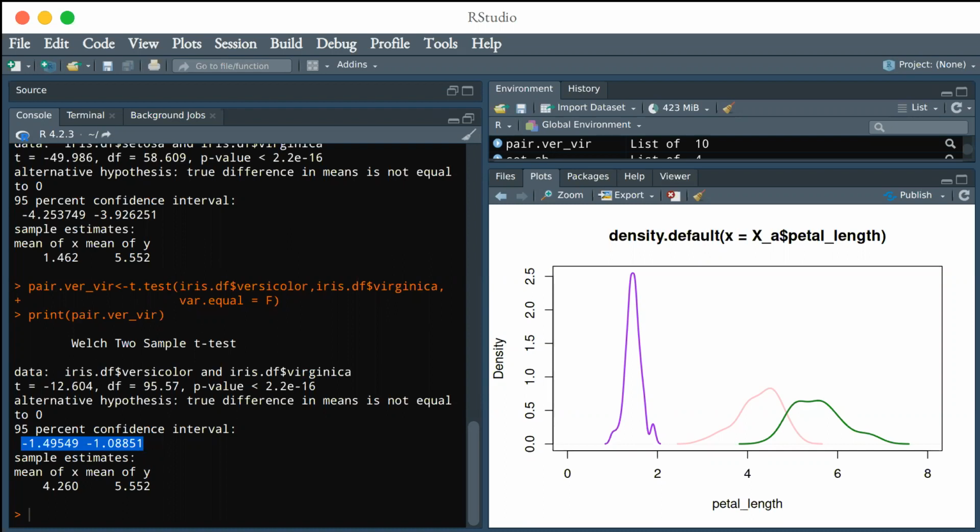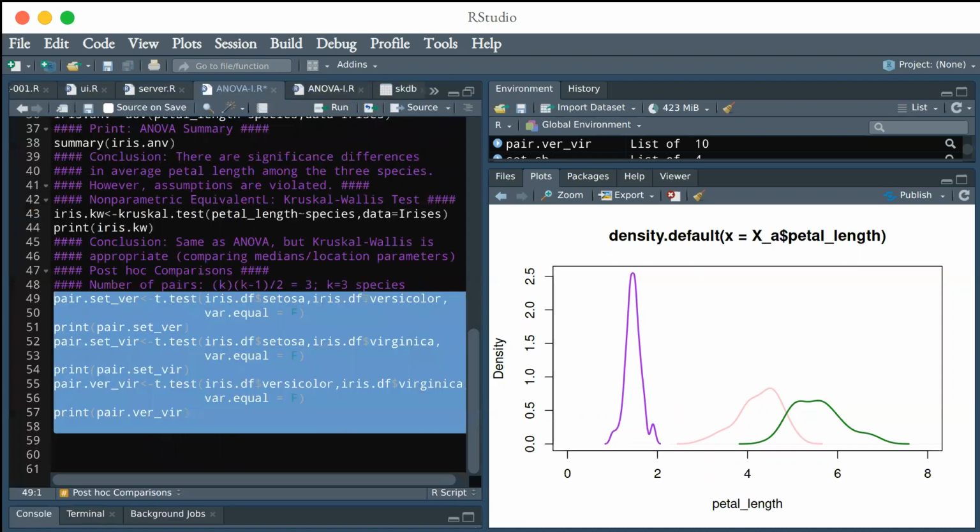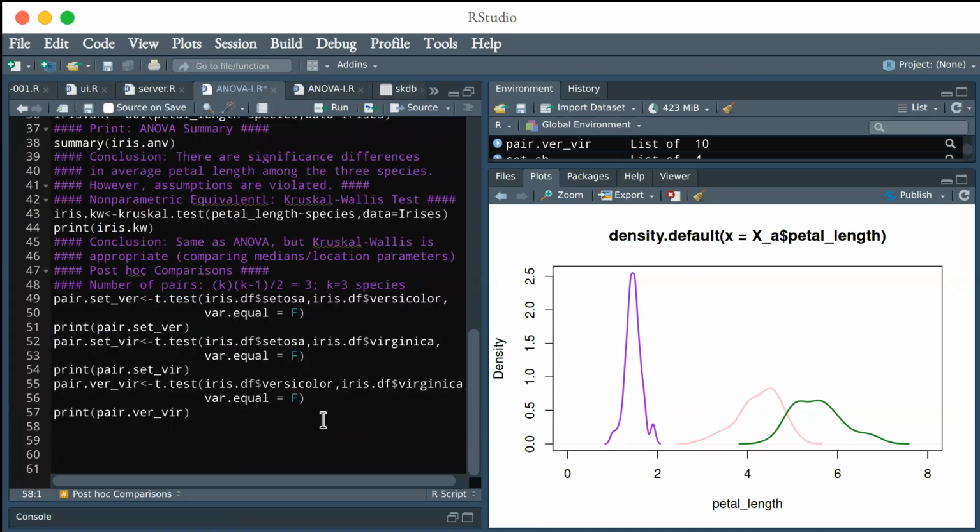Good. So every pair of means is different. And that is our conclusion.